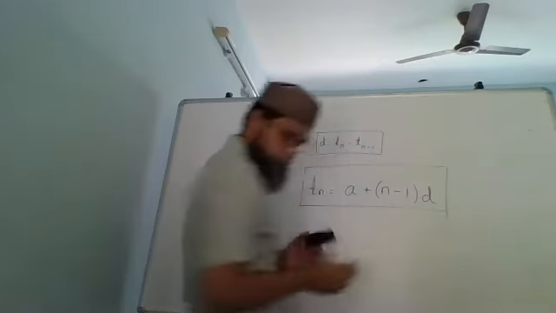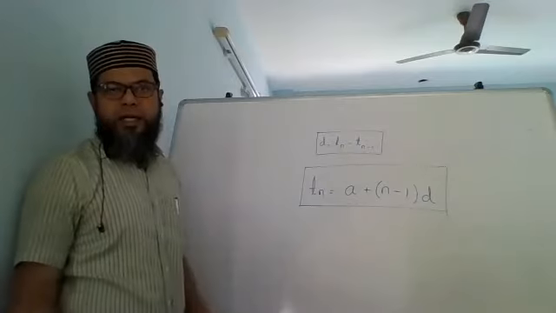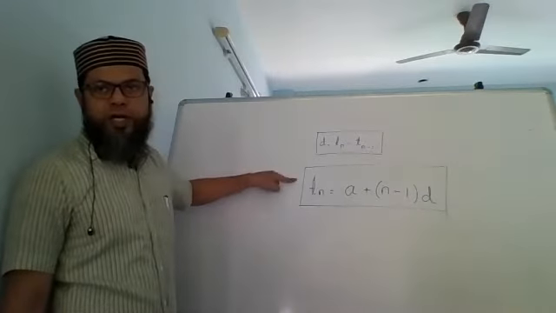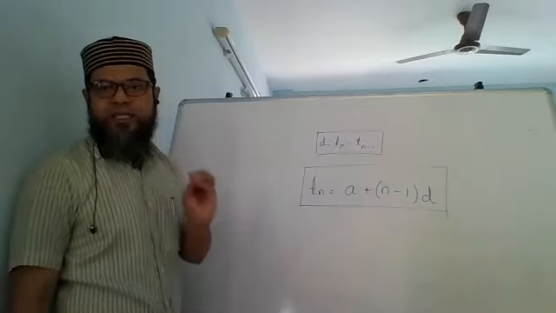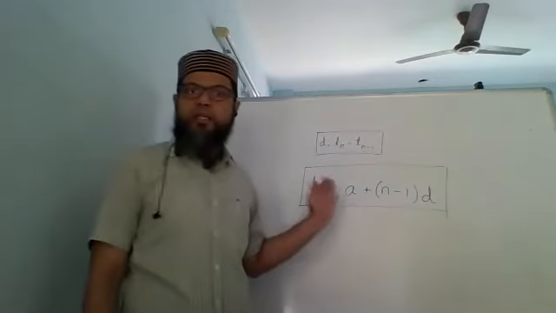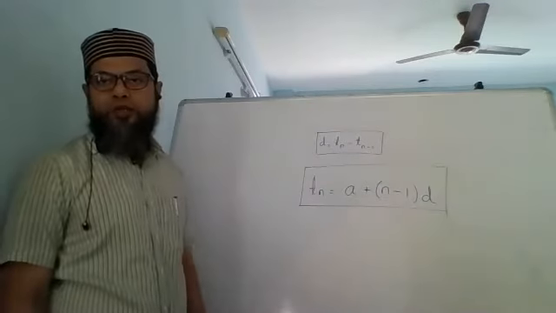Tn equals A plus (n minus 1) d. This will be the first formula, this is the second, and after this there will be only one more formula, which is Sn. What that is, we will do when we come to that. Right now, let's focus on this. Tn equals A plus (n minus 1) d.